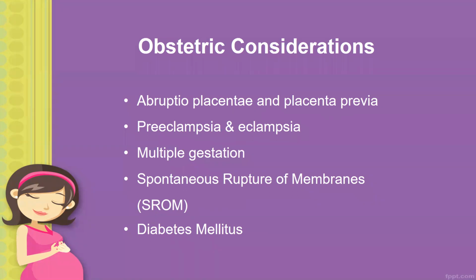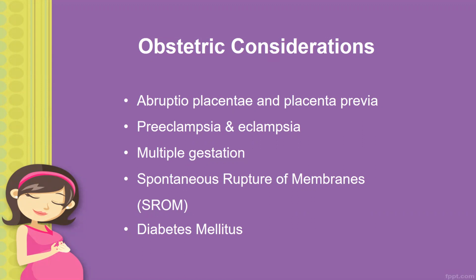Another obstetric risk or consideration is spontaneous rupture of membranes. With the rupture of membranes, moms are at an increased risk for uterine infection. Fetuses or neonates are at increased risk for preterm birth and fetal demise.